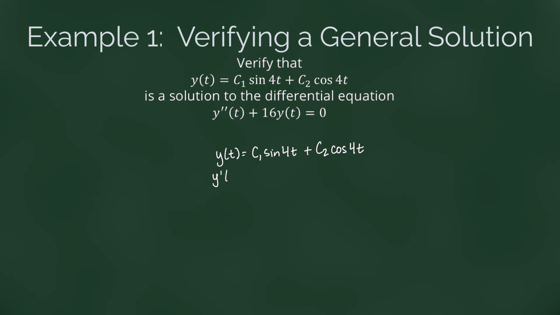So the first derivative is going to be 4c1 times the cosine of 4t, and then we'll get minus 4c2 times the sine of 4t. And then we're going to take the second derivative.